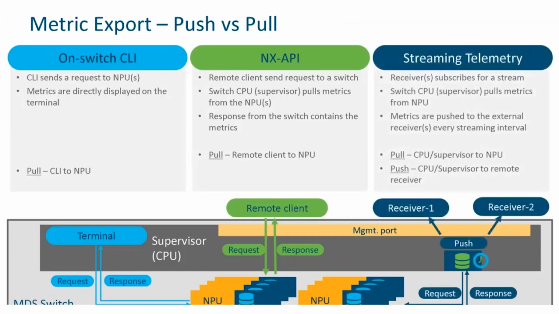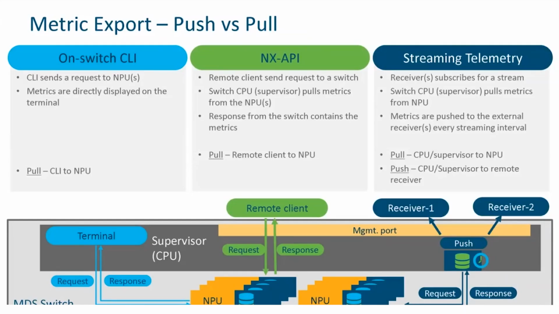However, there's an additional level of detail with streaming telemetry. Streaming telemetry is a push mechanism from the switch, but within the switch, between the supervisor and the line card, there's nothing like a push from the NPU. When the query timer is hit, the supervisor sends a query to the NPU, the NPUs respond back to the supervisor, and the push happens from the supervisor to our remote receivers.